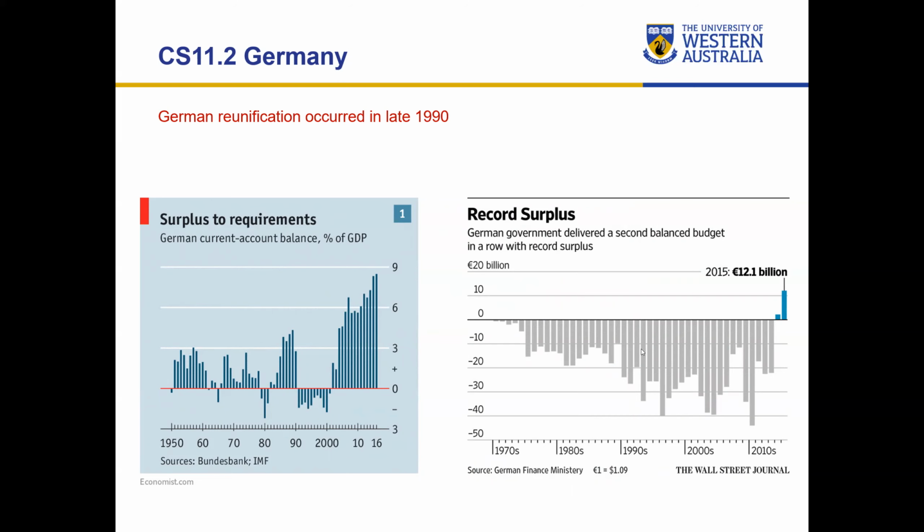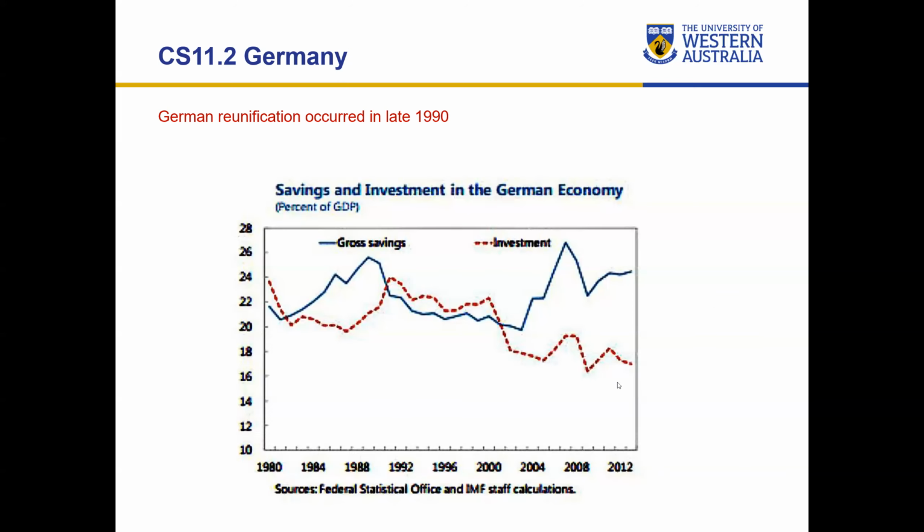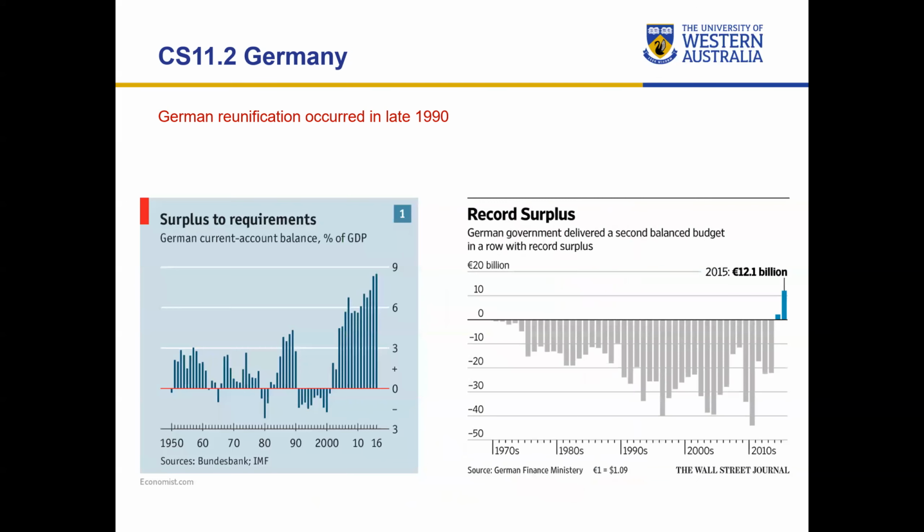So not only was the government borrowing more in this diagram, but at the private sector level, and when I say private sector, I'm talking about households and firms, savings were falling and investment spending was rising. And as I said, a lot of this additional investment spending was due to reunification. A lot of the additional government spending, government borrowing, was a result of reunification as well.